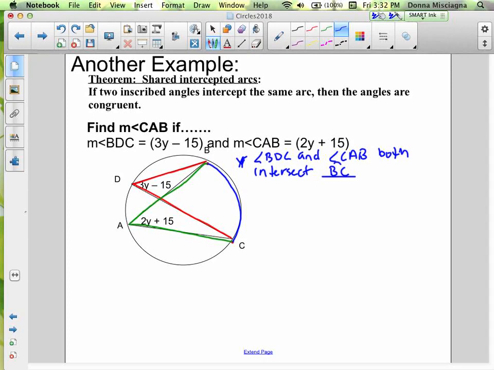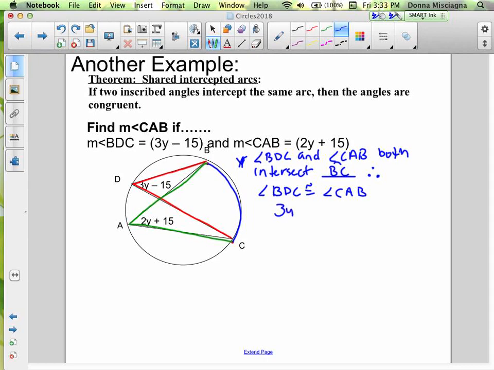So therefore, angle BDC is congruent to angle CAB. We can just set them equal to one another and solve, because we don't know the measure of the arc. All we know is an expression for each of the angles. But since they share that same arc, those angles are congruent.